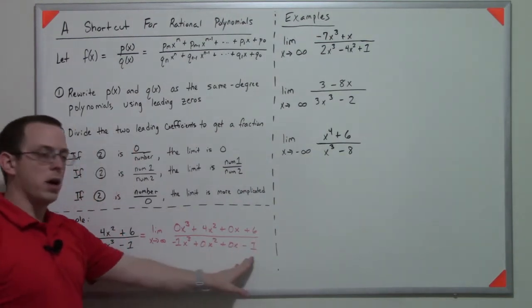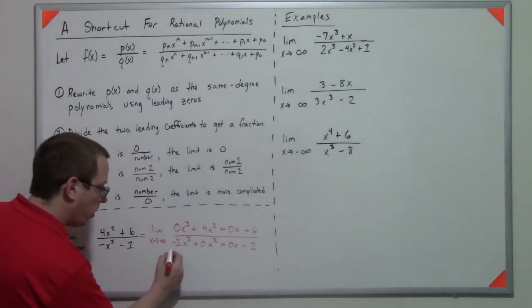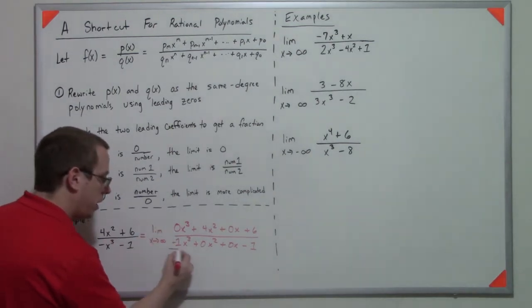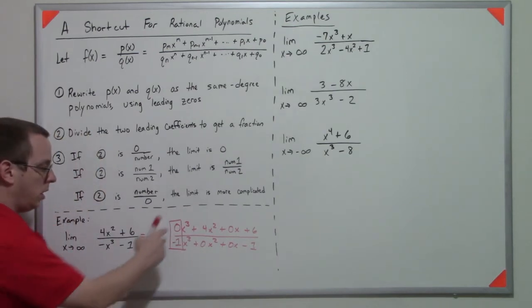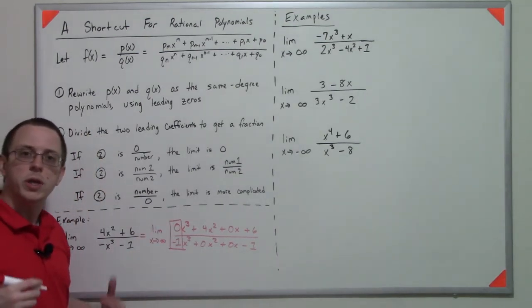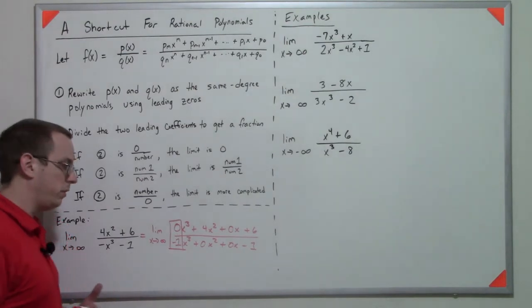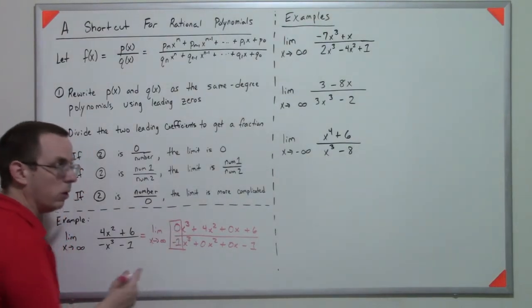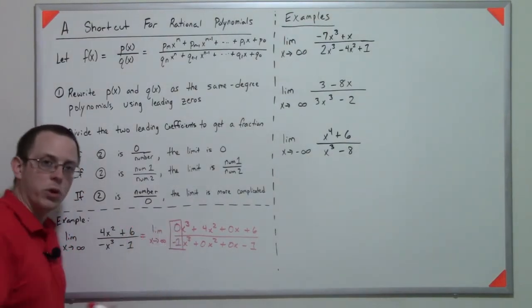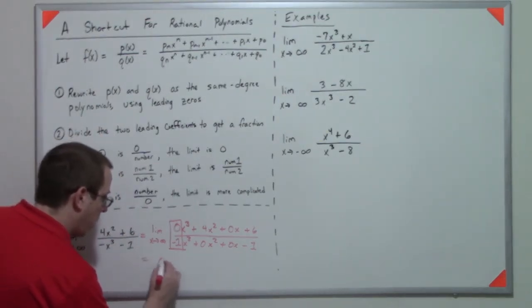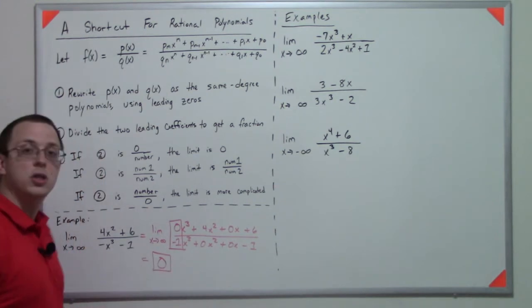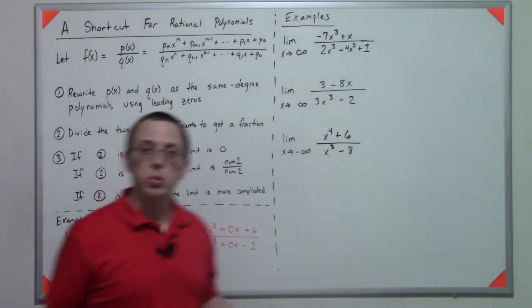You don't really have to write all this here, but that's step 1. Step 2 is to look at that fraction, and that's 0 over 1, so that's a finite number over a finite number. The case you have to worry about is not 0 on the top, but 0 on the bottom. And so that tells me that my answer to the limit is just 0. So that's simple enough, right?